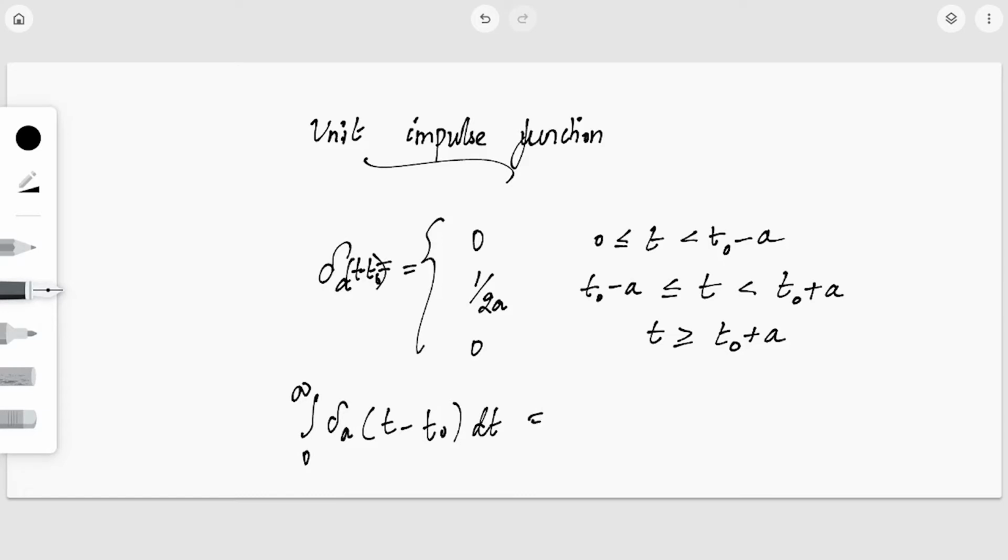I will split this into the integral from 0 to t dot minus a, from t dot minus a to t dot plus a, then from t dot plus a to infinity. The last two integrals will become 0. The only remaining one will be from t dot minus a to t dot plus a, where delta a at that particular point is 1 by 2a, into dt.